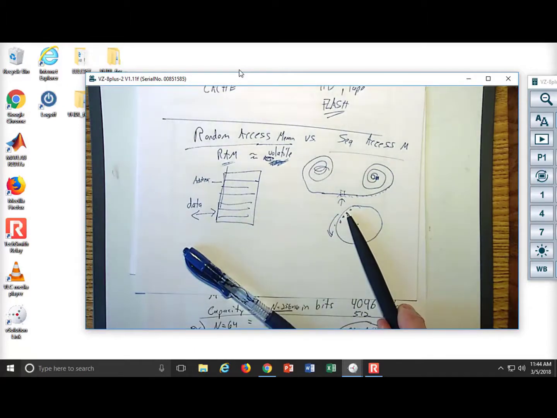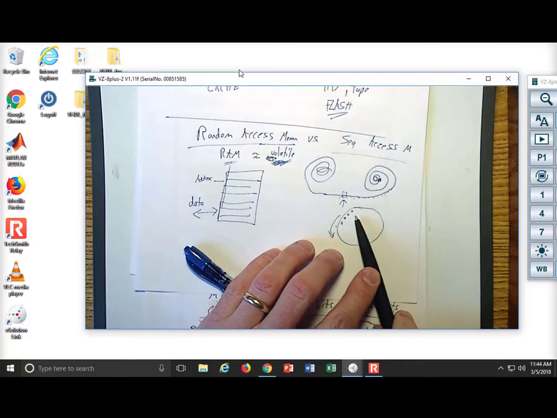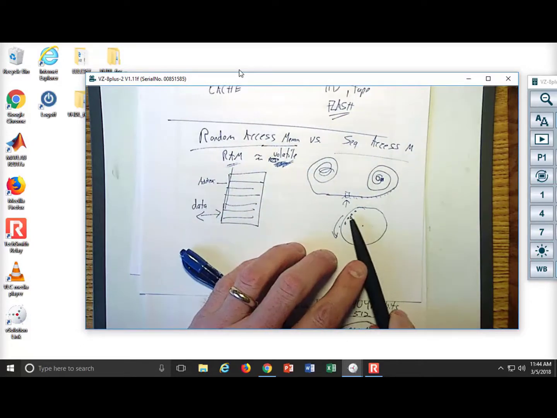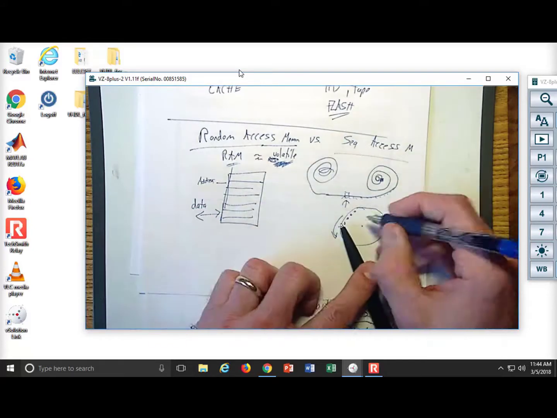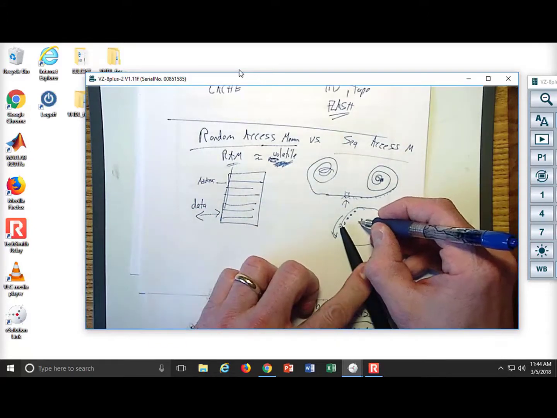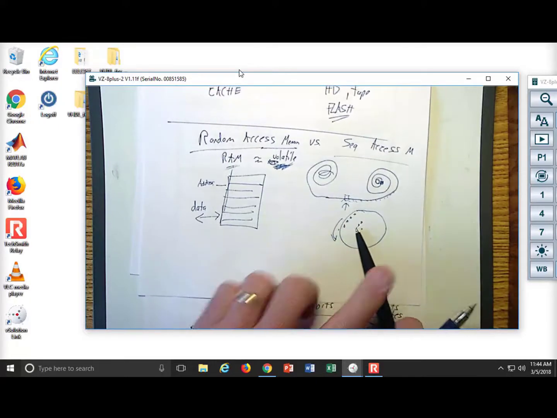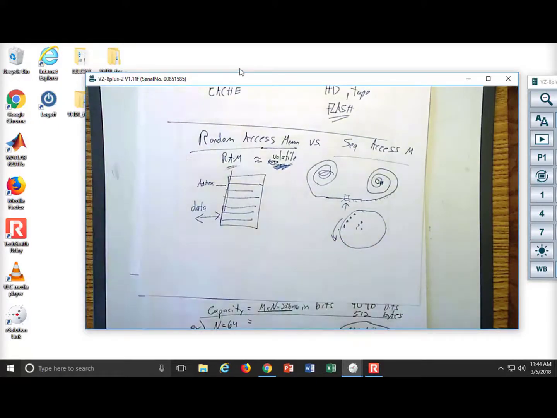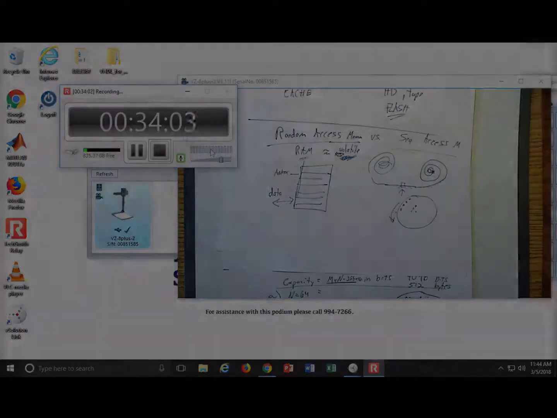So it does have this kind of sequential access behavior to it. You can jump around, though, more so than in a tape memory. You could be reading information over here on the outer ring that is sequential, and that's true. But then you can jump to another section that is also sequential. So it's kind of like sequential-ish. Okay, so those are the terms that we tend to use when we talk about memory systems.